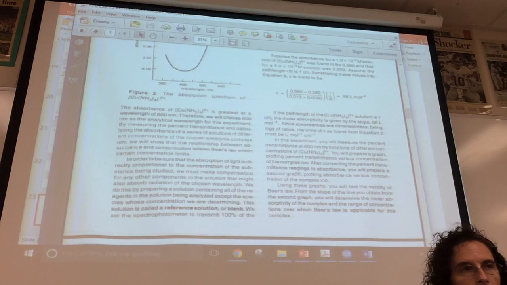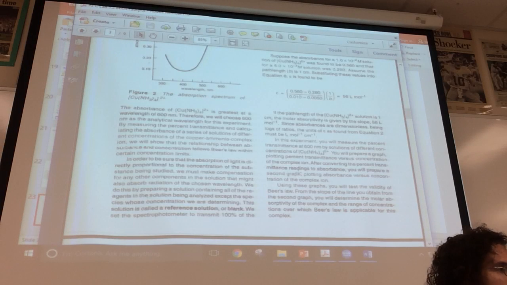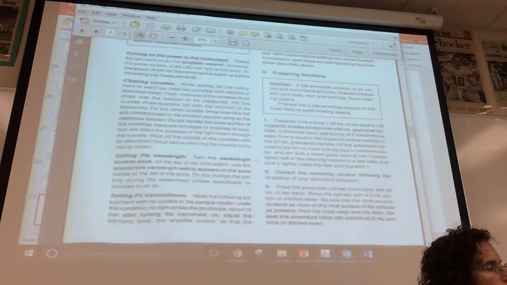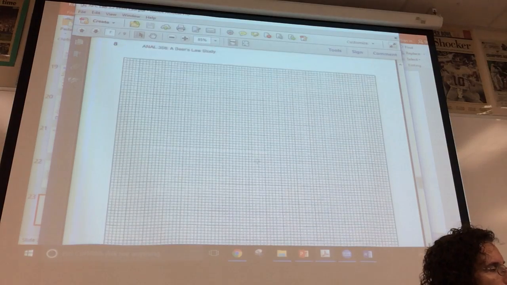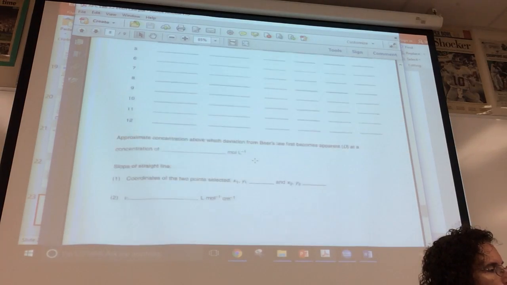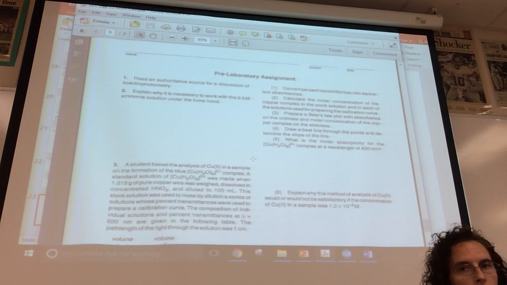In addition, on Edline, in your Notes tab, there is some very simple reading on spectrophotometry that probably would be extremely helpful to you. You don't have to read through the procedure because we're not going to do this lab or the post-lab questions. What you're going to come to is what I have given you already.